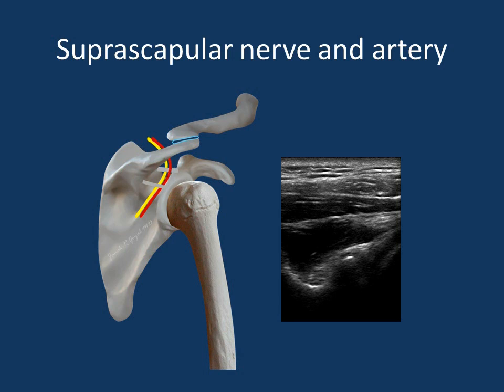The inferior transverse scapular ligament or the spinoglenoid ligament stretches from the lateral border of the spine of scapula to the glenoid margin. It forms an arc over the suprascapular nerve and vessels as they enter the infraspinous fossa.